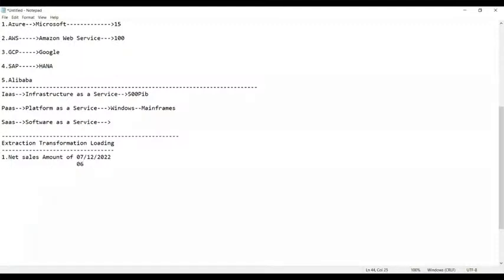What was the date yesterday? It was 06/12/2022. Now let us see the data.